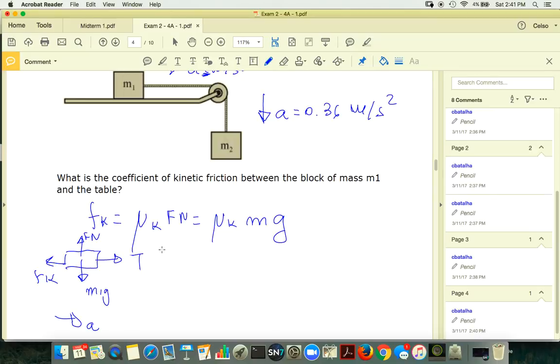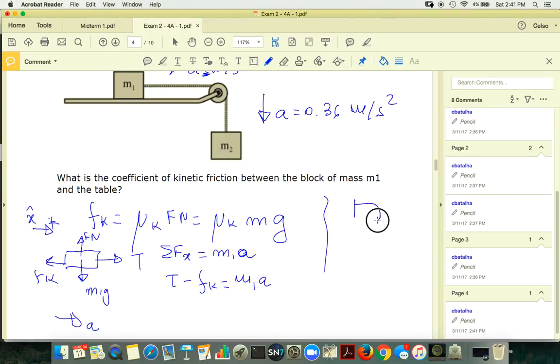When you do Newton's second law, sum of all forces in the x direction, and I'm calling my x-hat direction to the right the positive one, is equal to mass times acceleration, and therefore T minus Fk is equal to M1a.